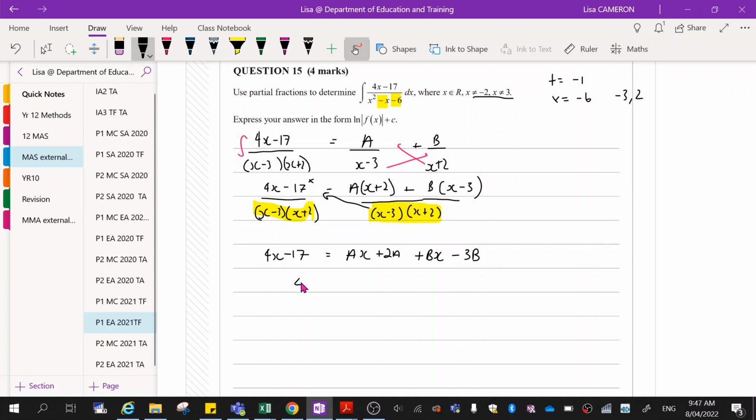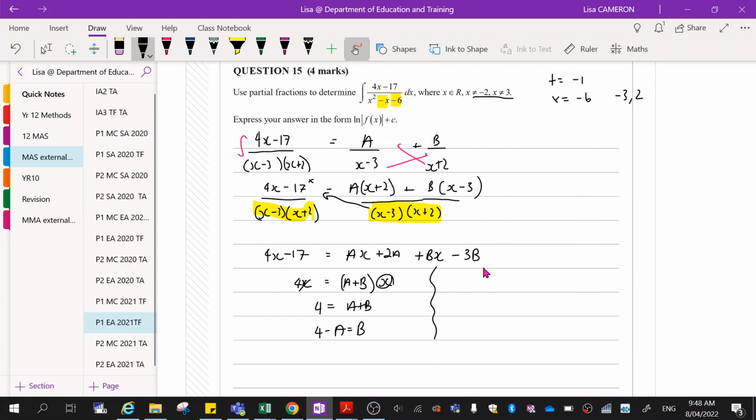So 4x is going to be equal to (A + B), and the x can be factorized out on the outside. Now the pro of doing that is now I can take this x to the other side and cancel that x. So I'm left with 4 = A + B, meaning that now 4 - A = B. So I've got this in terms of B now, so I can put that back into my other equation later.